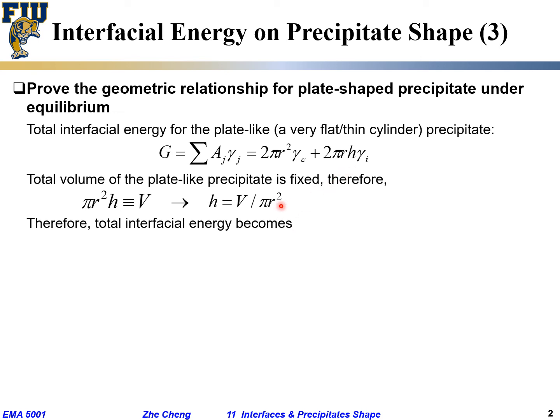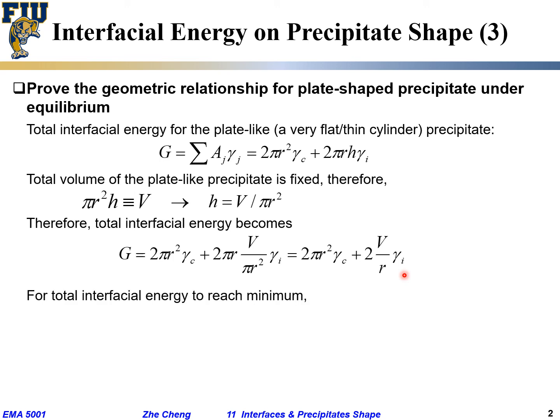So we rewrite it: the first term we keep, the second term 2 pi r we keep, but h is now replaced by V, volume over cross-section area, times gamma I. Make sense? And then of course pi r and pi r would cancel. We have 2V over r times gamma I. Make sense? That's what we have.